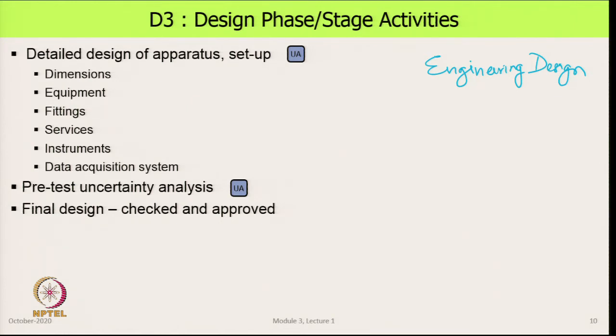We got a lot more knowledge about the practical part of it. We are going about designing everything, which includes its design, what equipments we are going to have, what are the fittings, what are the services like compressed air or cooling water that we may need, instruments that we will put, and what sort of a data acquisition system we will have, and whatever else that we need to do.